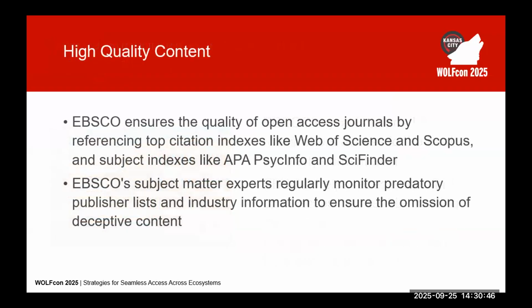We do a number of things to try to ensure the quality of the open access journals that we provide by leveraging top citation indexes that we know are well studied, and we also use real live people, subject matter experts, to monitor those predatory publishing lists and make sure that deceptive content is excluded from our sources.